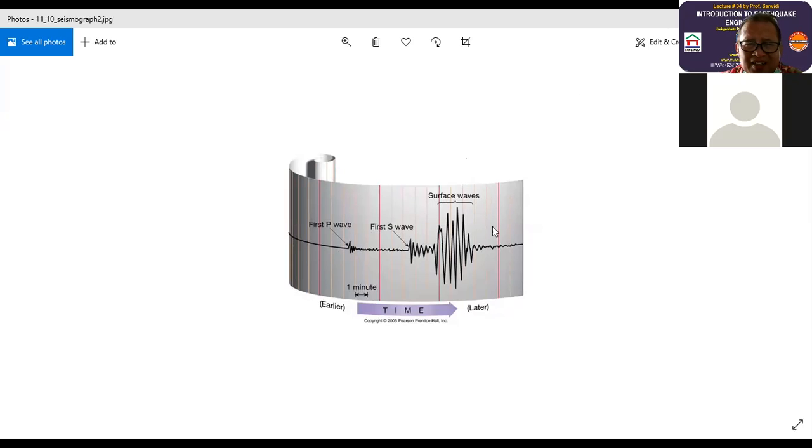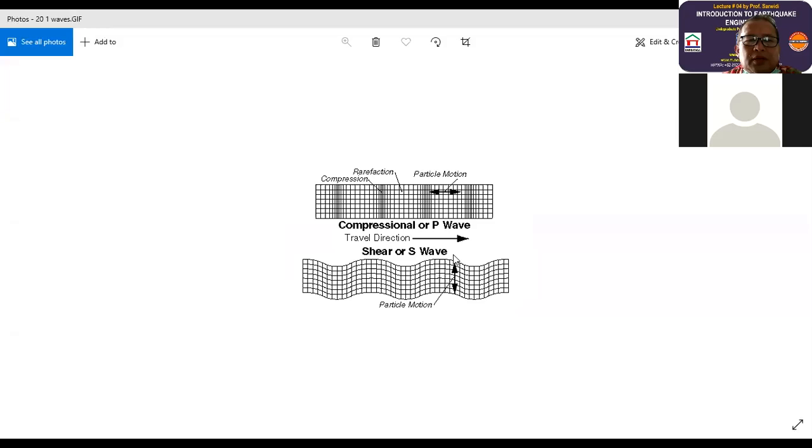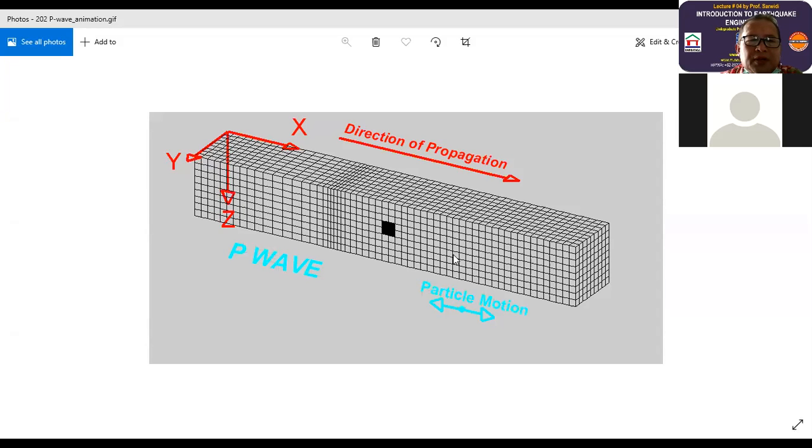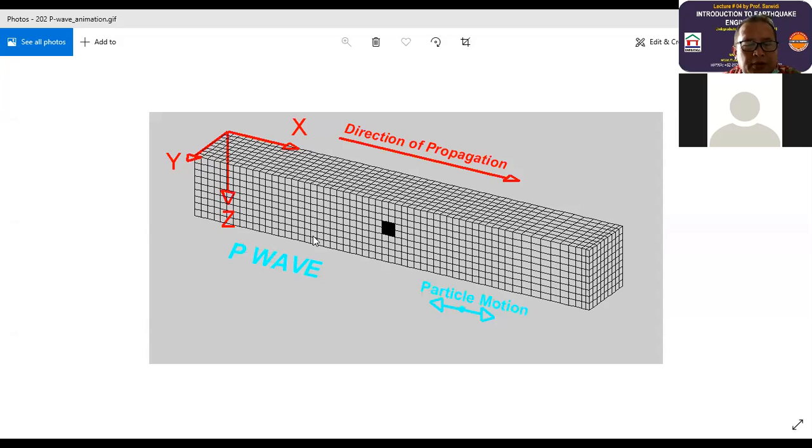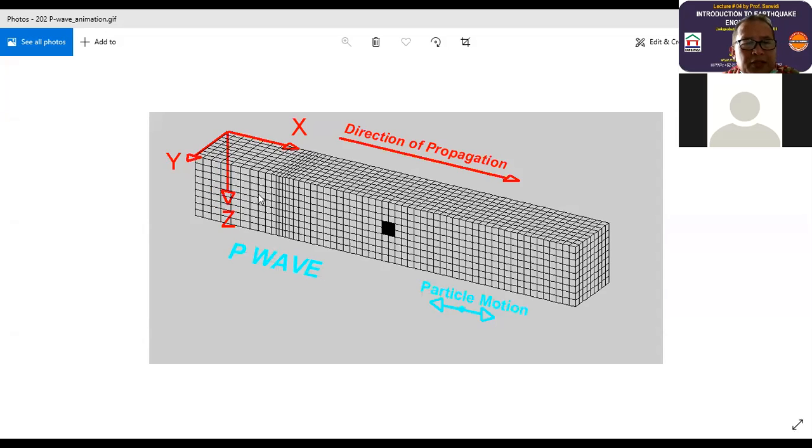The rest here are the surface waves, coming later, bigger and stronger. Now the first waves are in the form of P waves, primary waves, with back and forth tension and compression in the solid earth.